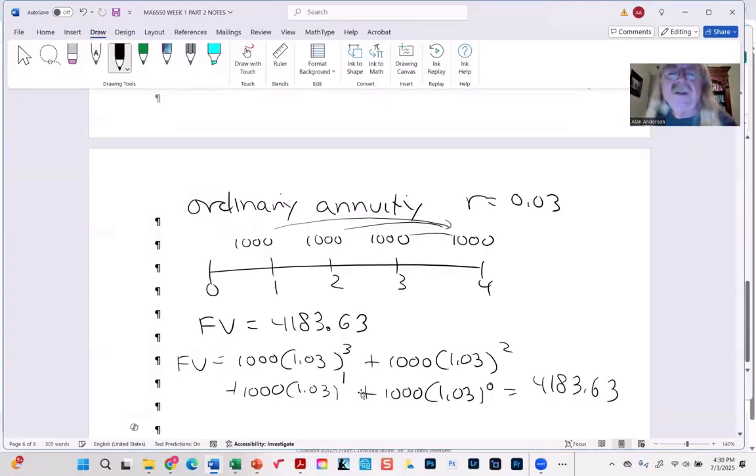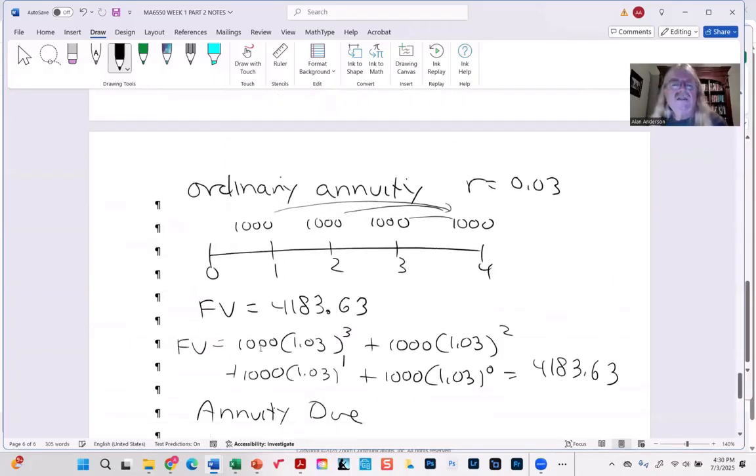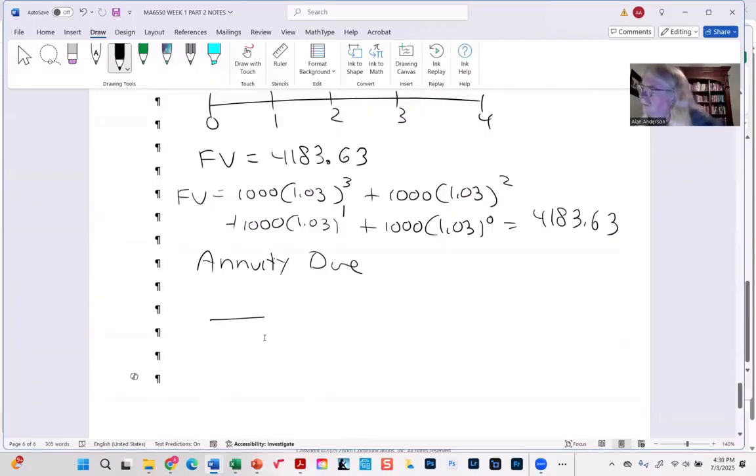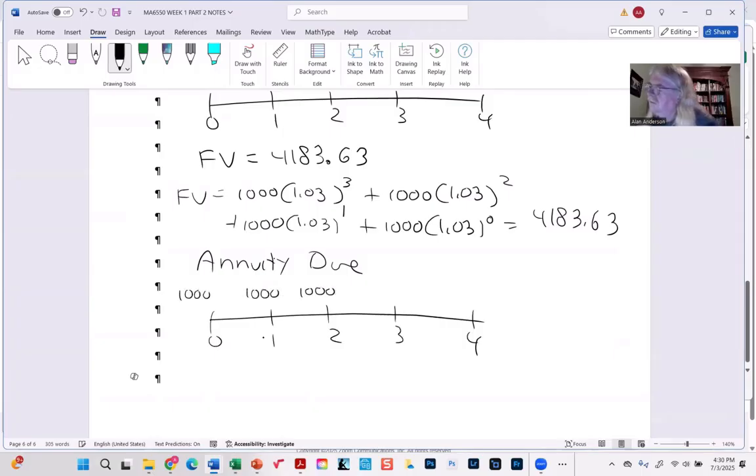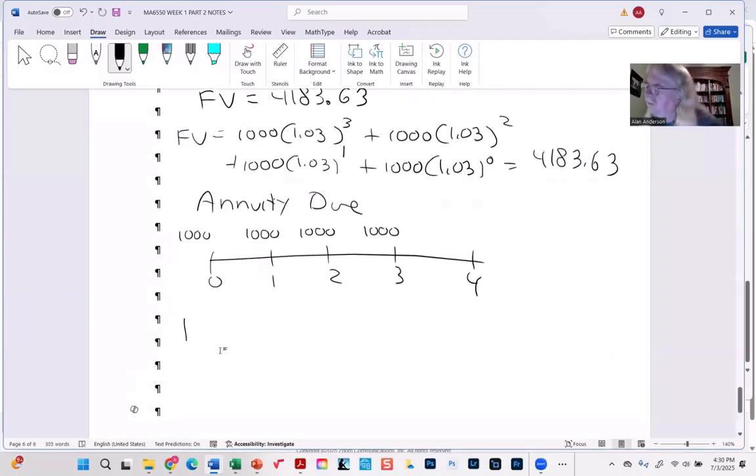Now, what if it's an annuity due? How would it be different? So we start right away. And that will affect the number of years that each cash flow is being invested.